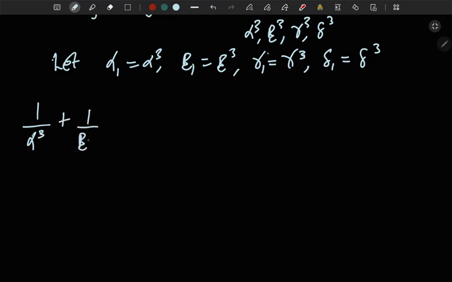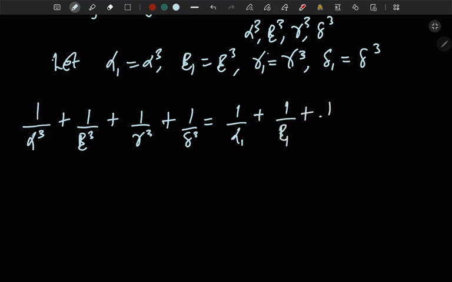What we have here can be written as 1 over alpha 1 plus 1 over beta 1 plus 1 over gamma 1 plus 1 over delta 1. Remember, I've represented everything in terms of alpha 1, beta 1, gamma 1, and delta 1. That is why you can easily change it to this.